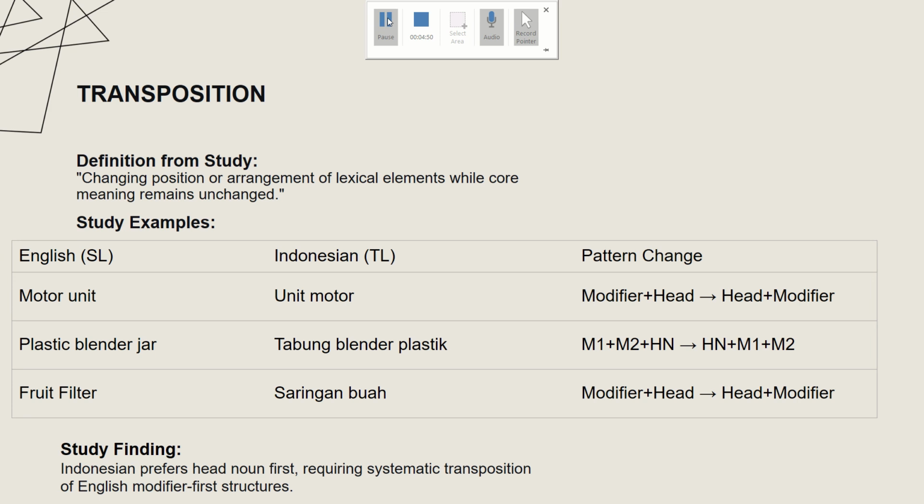The second one, plastic blender jar becomes tabung blender plastic, reordering multiple modifiers. Fruit filter becomes saringan buah. Okay, again, head noun first. So the key finding here is that Indonesian prefers the head noun first, requiring systematic reordering of English modifier-first structure.